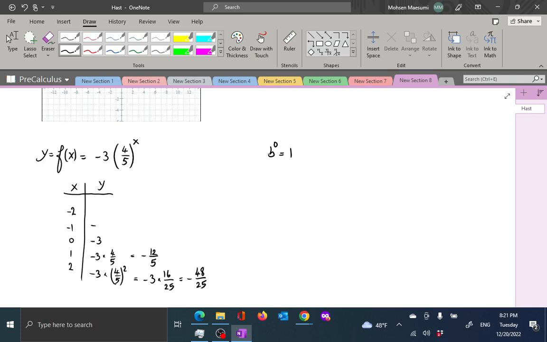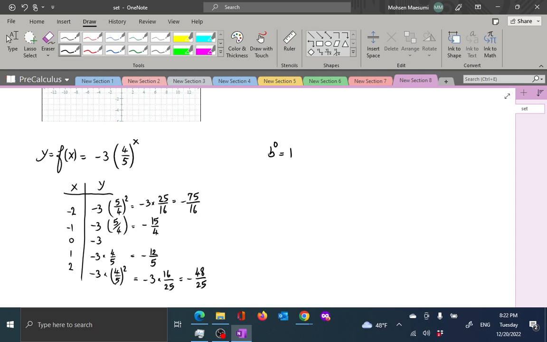Minus 1 flips the fraction, so it makes it 5/4. So I'm going to have minus 15/4, and minus 3 times the flipped fraction squared, so it's minus 3 times 25/16, which is minus 75/16.